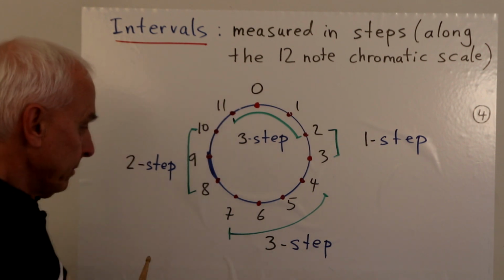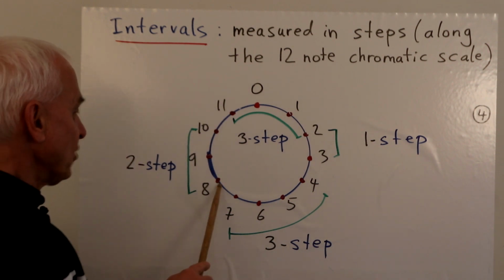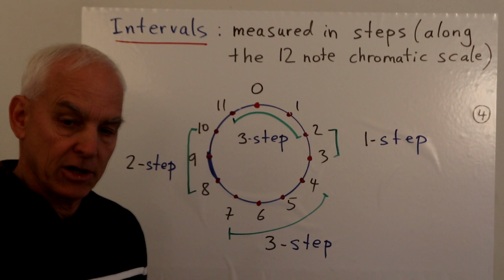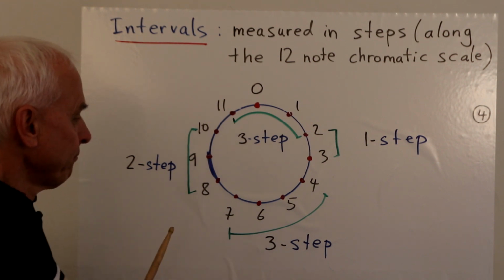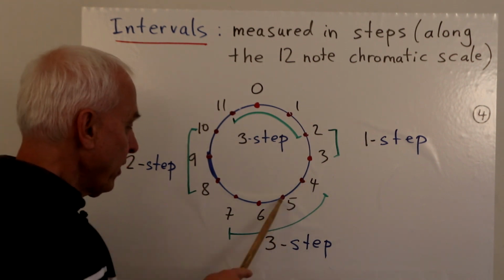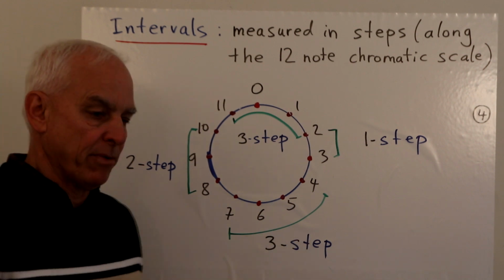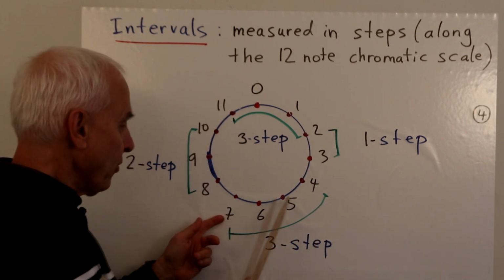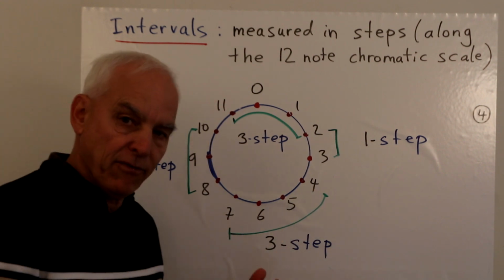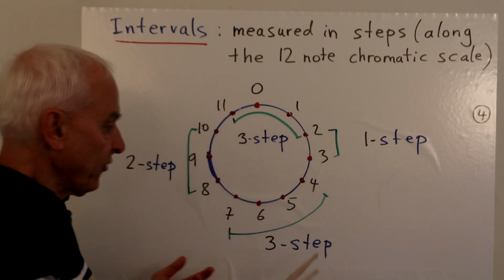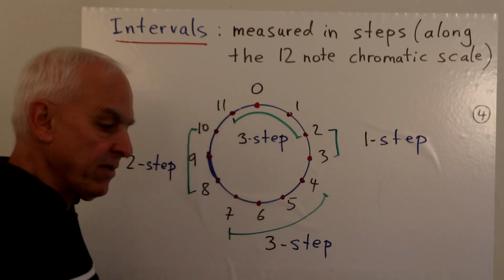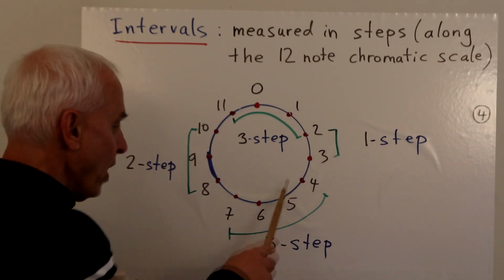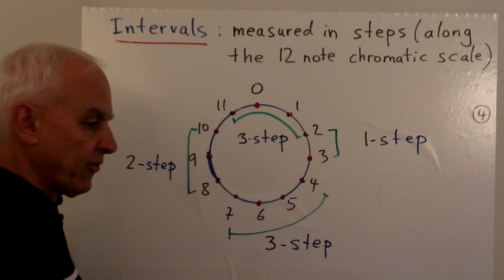Say going from 8 to 10, that's a two-step. Going from 4 to 7, that's a three-step. And of course, calculating the step is not hard. You know the beginning and the end. You just take the difference. 7 minus 4 is 3. So to go from note 4 to note 7, that's a three-step. You take one step, 2 steps, 3 steps.